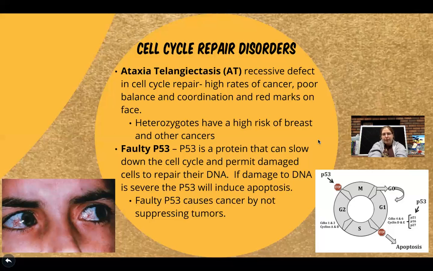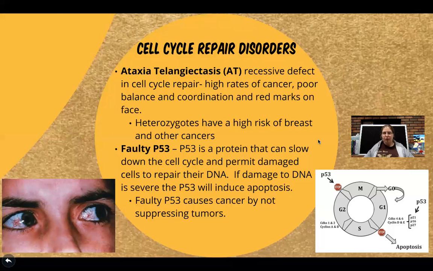So if P53 is faulty, then you can actually have different kinds of cancers arise because there's a particular gene called the tumor suppressing gene. And if there's a mutation in that and it cannot be fixed, P53 doesn't recognize that there's an error, so it doesn't slow down the cell division, which means that error doesn't get fixed.